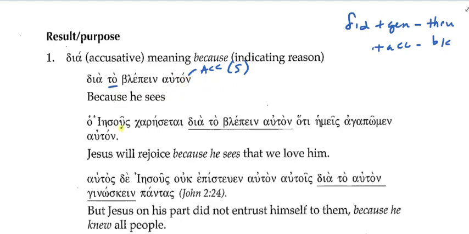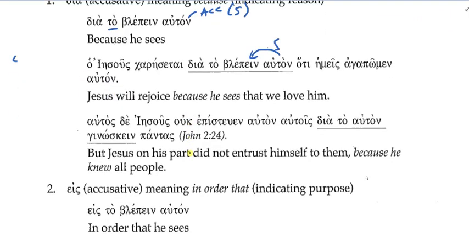Ho Iesous chareitai, Jesus will rejoice, dia to blepein autón, because, subject accusative, he sees, hoti, that, hemas agapomen auton, that we love him. Okay? John 2:24. Autos de Iesous ouk episteuen auton autois.